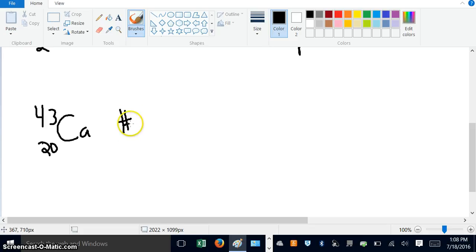So the number of neutrons, exactly the way we did these before, is going to be 43 minus 20, which of course is 23. If it was stable, it would be calcium 40, of course. We'll do that as an example in just a moment. All right, so we have the neutron to proton ratio.